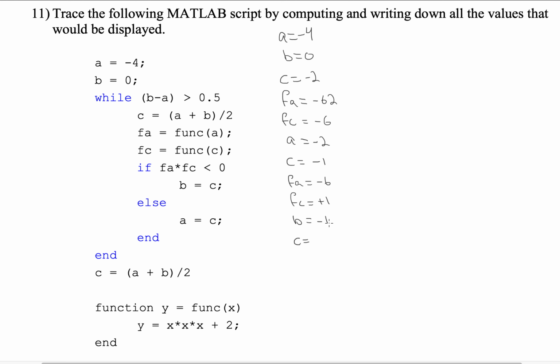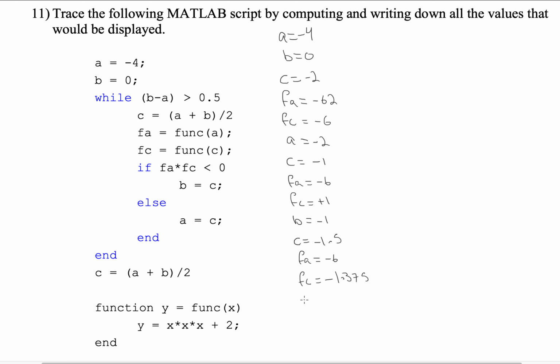So c is a plus b, that's -3 divided by 2, that's -1.5. fa is equal to func a, so we have our a value, -2 cubed plus 2, that's -6. fc is going to be equal to -1.5 cubed, and if we calculate that, it's -3.375 plus 2, so we get -1.375. So that is a negative number. When we multiply these two together, fa times fc, we get a positive number. So we move on to here.